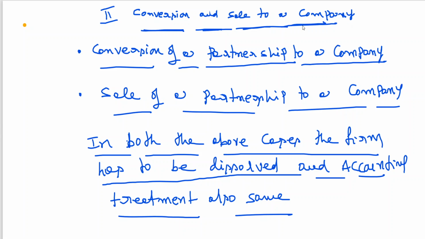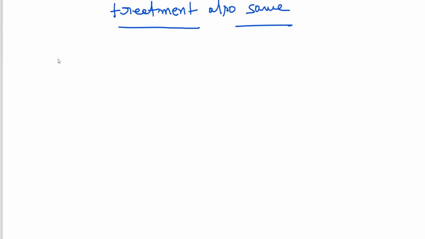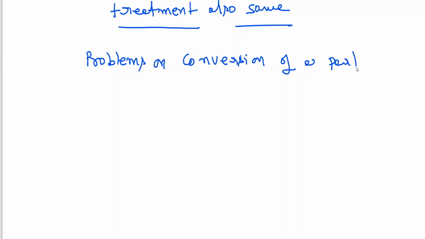So in today's class, first I am going for conversion. Then we can work out problems on sale later on. So, problems on conversion of a partnership business into a limited company.